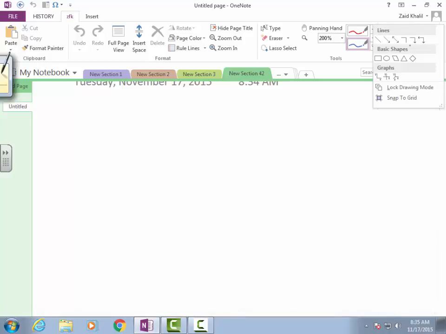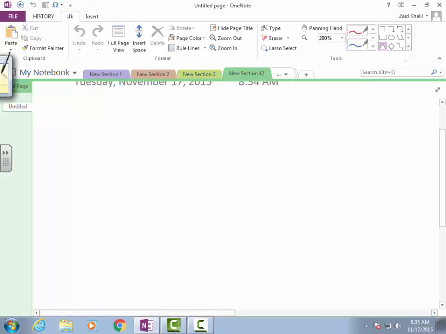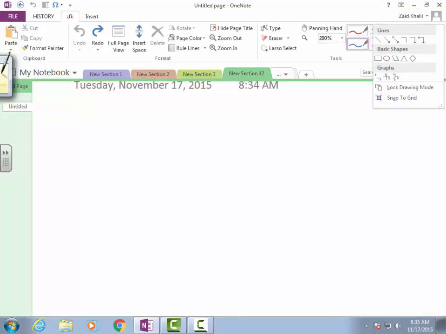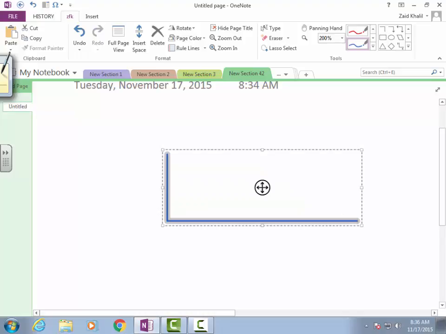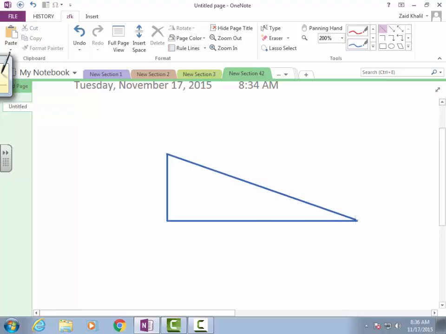So we draw an inclined plane. There we go.